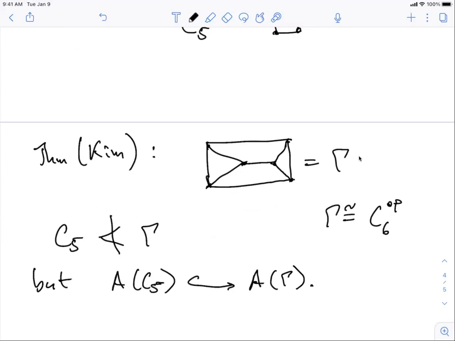So C5, A of C5 can be a hidden subgraph inside of a right-angled Artin group.